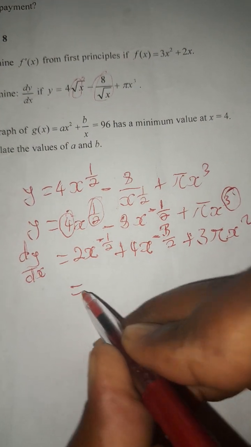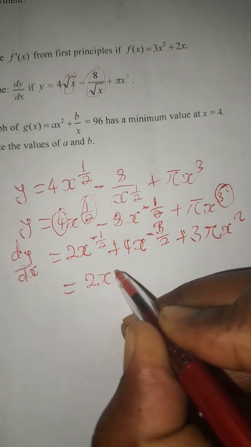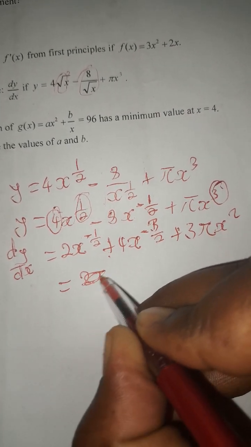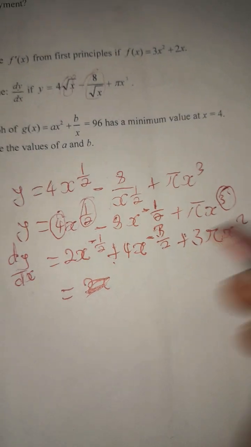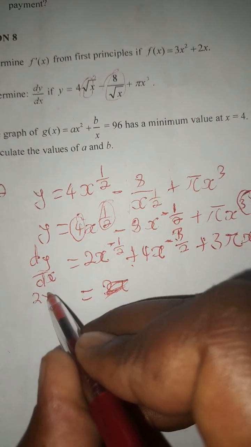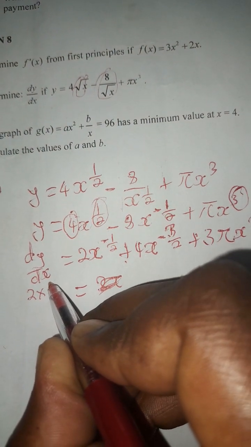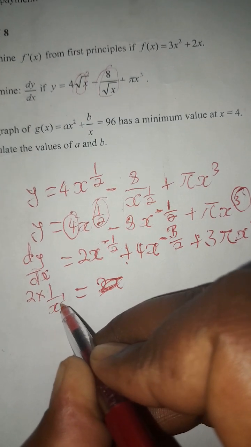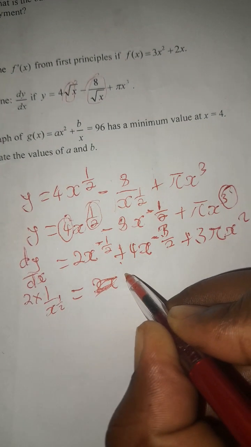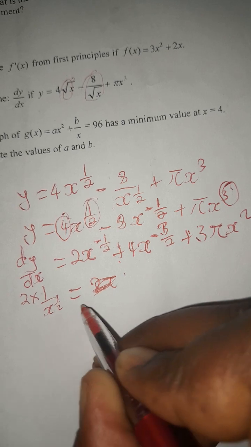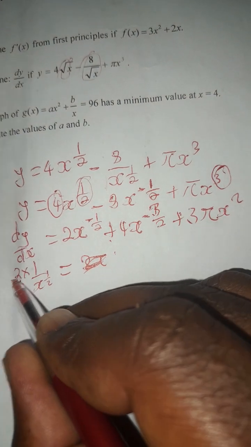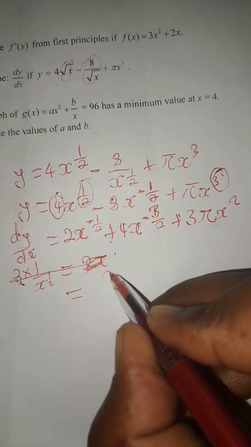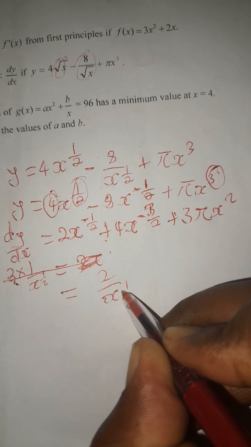So we need to leave this in positive exponents. That's the same as saying 2 times 1 over x to the half, so we have 2 all over x to the half.